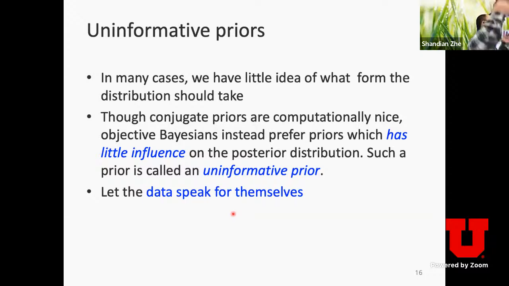The frequentist will say, okay, these parameters are truly existent constant values. We don't know them. We know the value is hiding somewhere. There's not any randomness associated with that parameter.